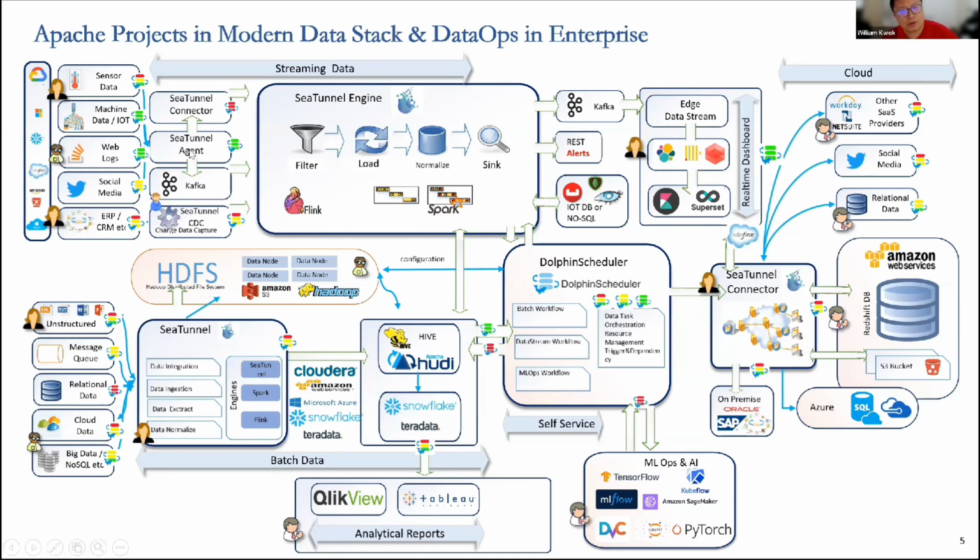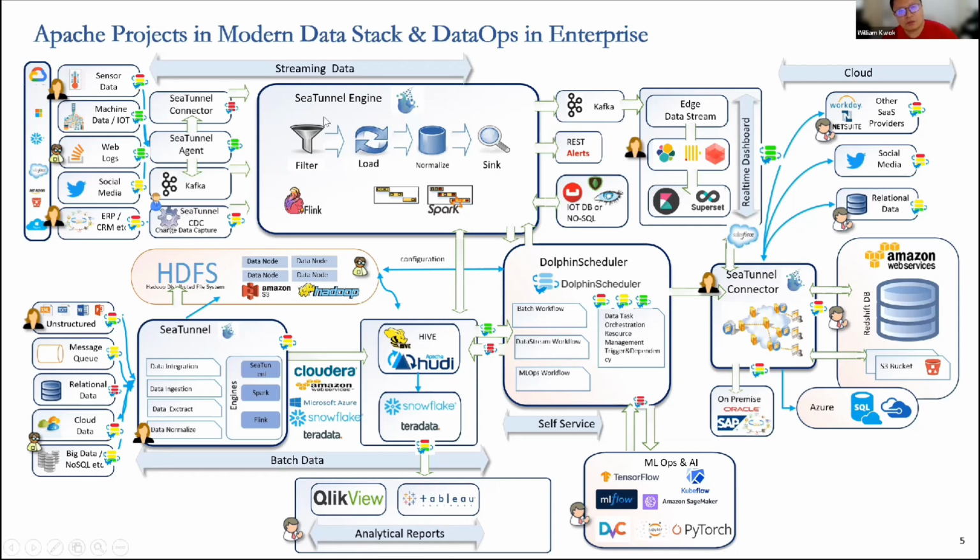And also we have a SeaTunnel agent to collect the data from weblogs or from social media. And also SeaTunnel has what we call SeaTunnel CDC. That means SeaTunnel change data capture, to capture the data from a database, from a binlog.